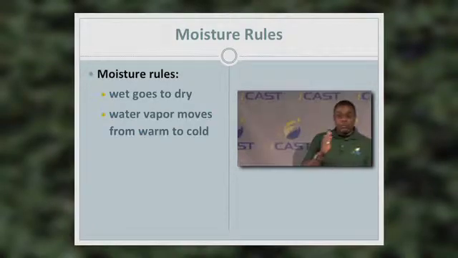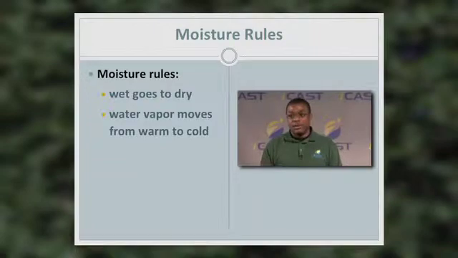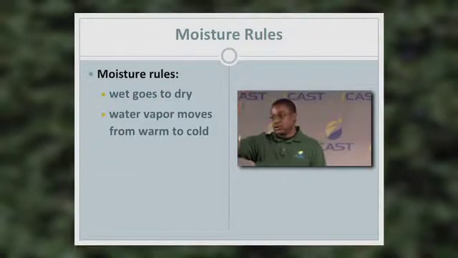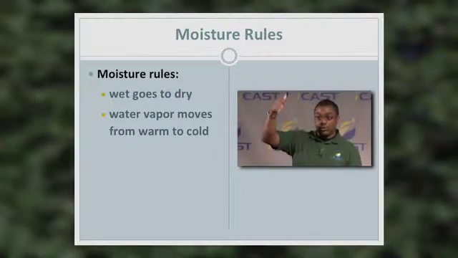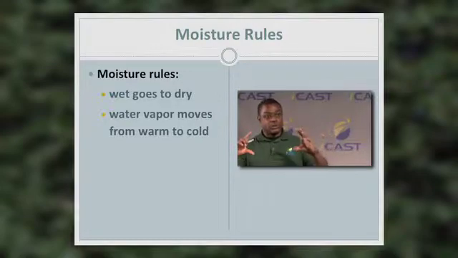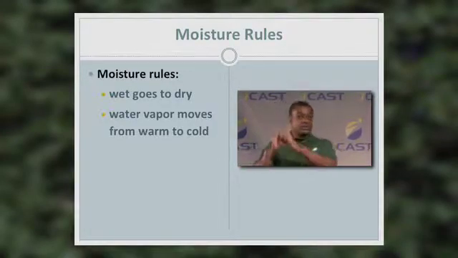But water vapor tends to move from warm to cold. Why do you think that might be? Why does water vapor tend to move from warm to cold? As temperature goes down, relative humidity goes up.